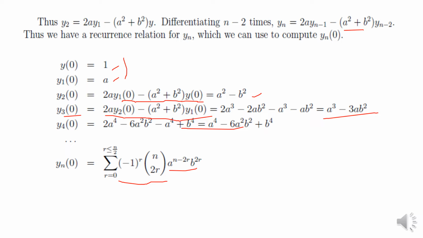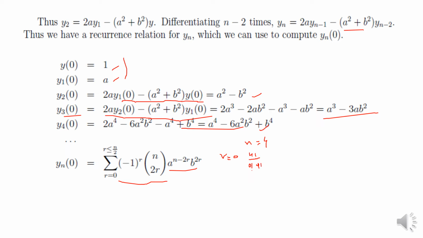Let's say n is equal to 4, the last expression, this one, n is equal to 4. Then what happens when we take r is equal to 0: minus 1 to the power 0 gives you 1, and 4 choose 0 means factorial 4 upon 0 factorial and 4 minus 0 factorial, that is 4 factorial.